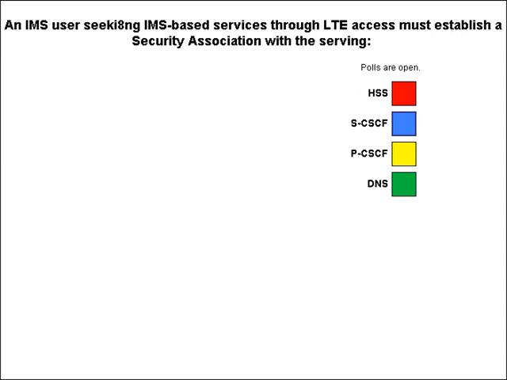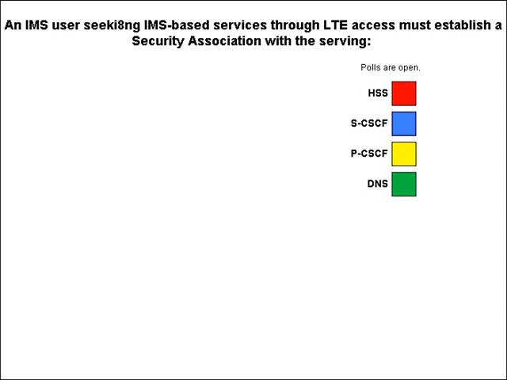So let's say you want to encrypt signaling messages. You want to encrypt SIP signaling messages. So who does encryption of SIP signaling messages? HSS, serving, or proxy, CSCF or DNS. If you want to encrypt signaling messages, who can do that?